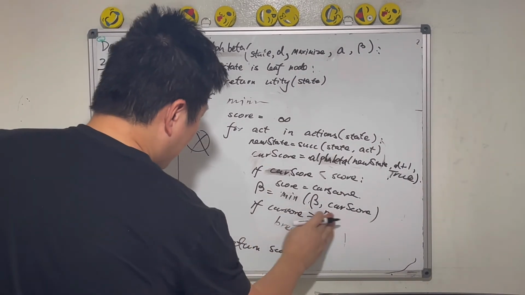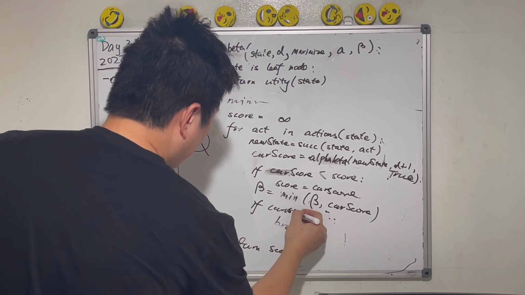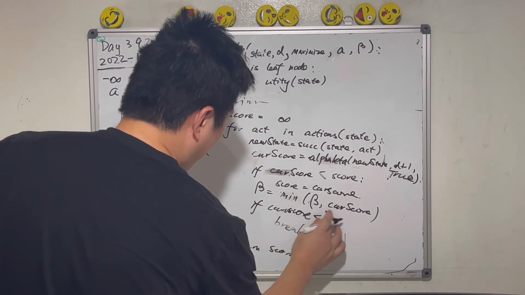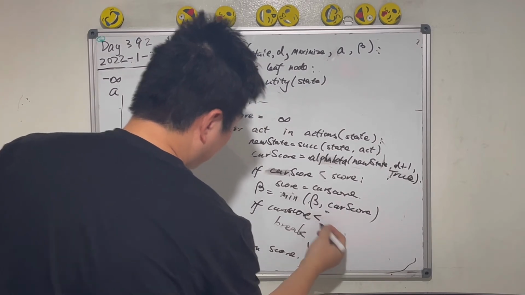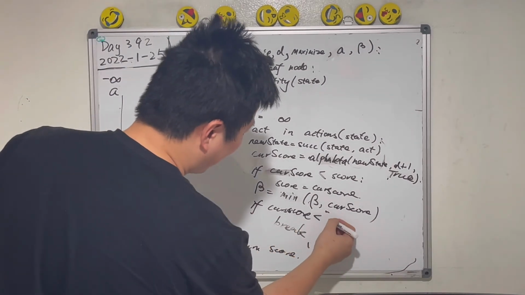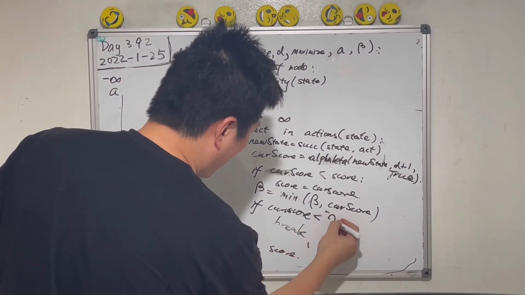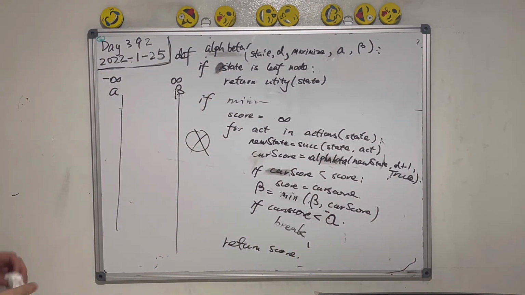And if the current score is smaller than alpha, actually the boundary doesn't matter. If you put an equal, that should be okay as well. If score is smaller than alpha, then we break it and return the score. So what does it mean here?